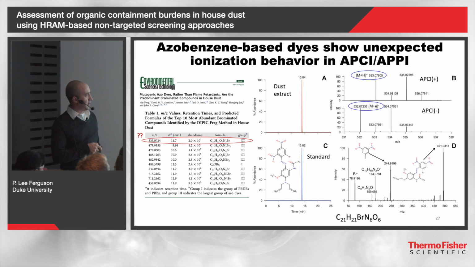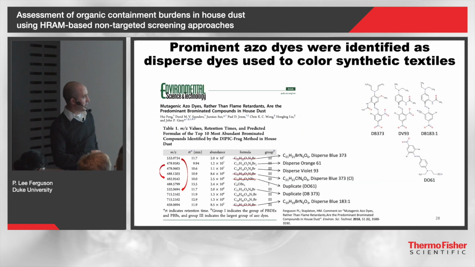So we did MS/MS on this, and we were able to figure out what this was. This is, I think, Disperse Blue 373. We were able to get a standard for this and run it by LC-MS and confirm it. So that's a level 1 ID. And then we went through and annotated the rest of these. Turns out they got more than just one of the formulas wrong. They got a number of them wrong because of this unexpected behavior in the APPI.